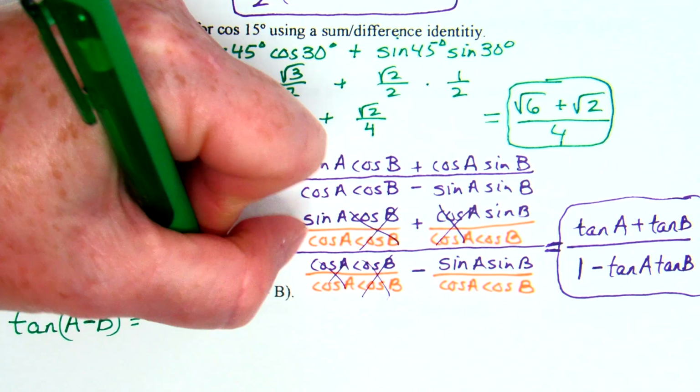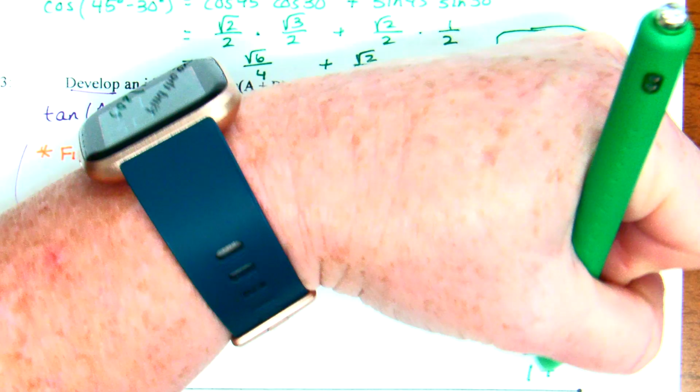Except you left out a sign on top. It was tan A plus tan B, now it's going to be tan A minus tan B, all over 1 plus tan A tan B.